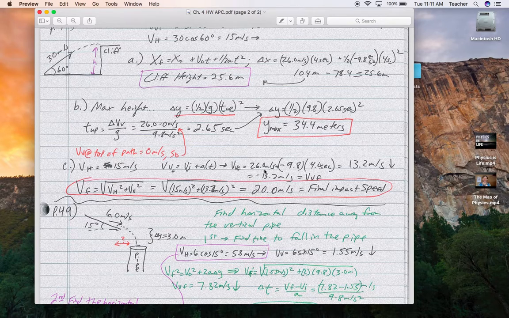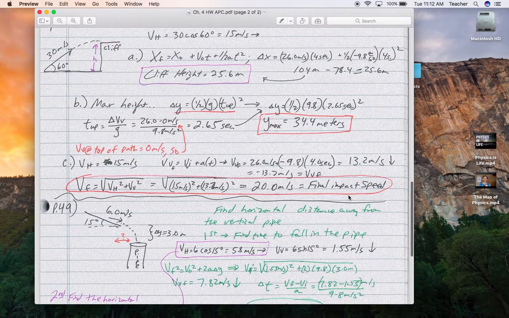Initial vertical velocity is up, acceleration is down. So my final vertical velocity is 13.2 meters per second down. Put that in there. That's the Pythagorean theorem. That gets me a 20 meters per second final impact speed. If I wanted to find the angle of that, then I would use trig to get that.